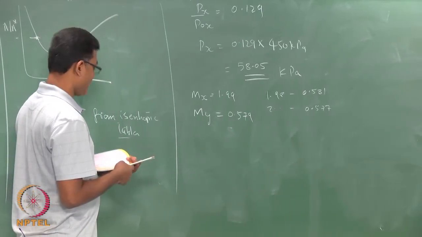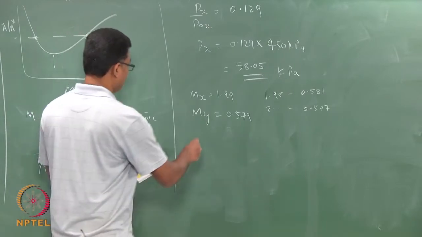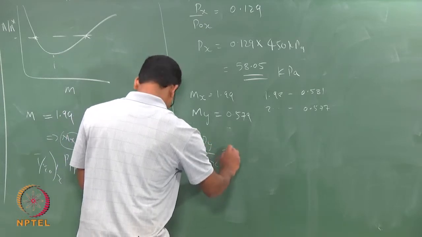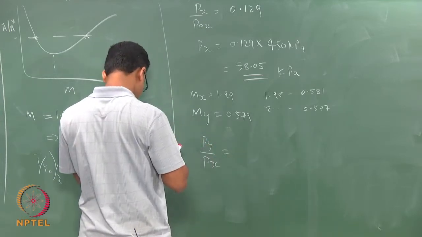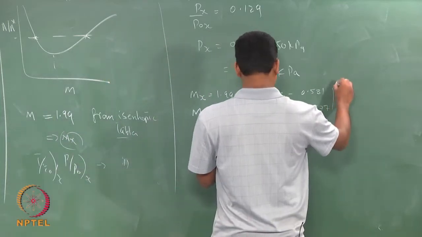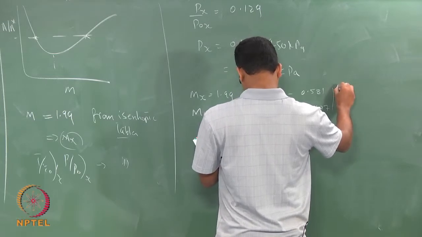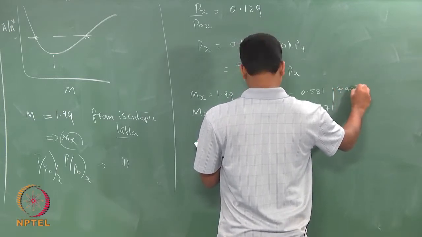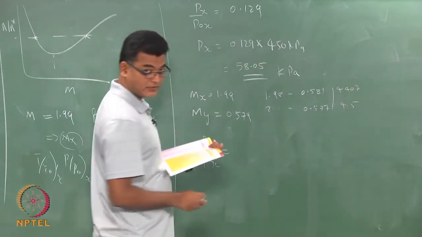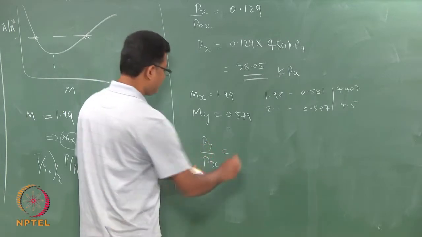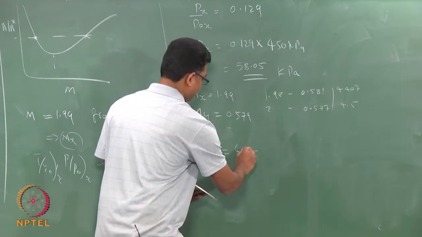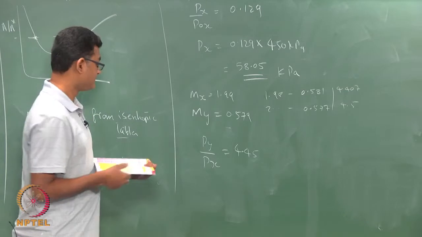Now, the moment I have my My, I can also get the pressure jump Py by Px. Py by Px, again, the pressure jump values are 4.407 and 4.5. So, the average is approximately 4.45.